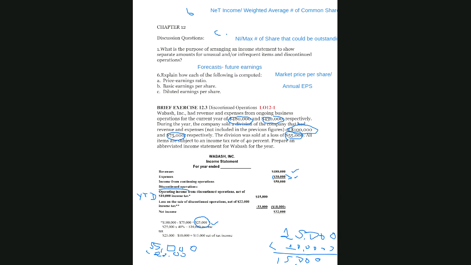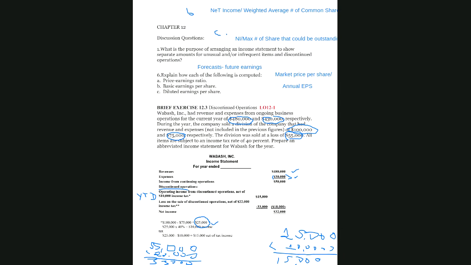So what is the net amount of the loss? Remember, when a corporation has a loss, there is a tax benefit. Just like if your expenses are higher, what happens to your net income? Your net income is lower. When your net income is lower, the amount of taxes that you're going to pay is lower as well.